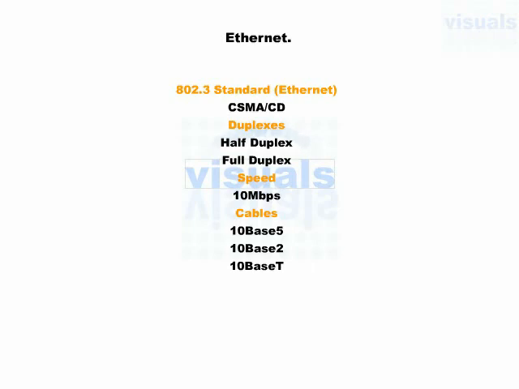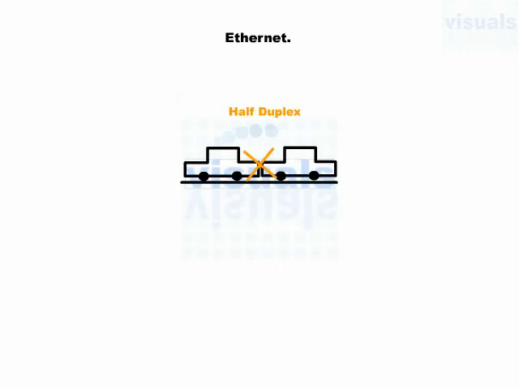Let's move towards duplexes, half duplex and full duplex. Data is transmitted using two duplexes in Ethernet networks: half duplex and full duplex. Half duplex uses one wire pair for transmission of data.